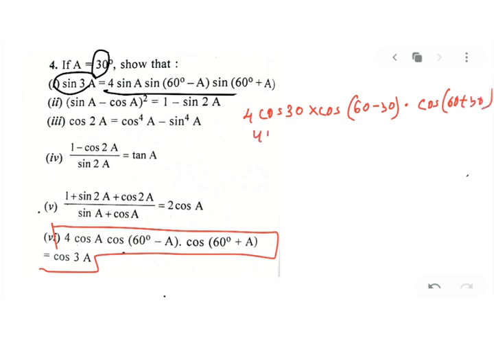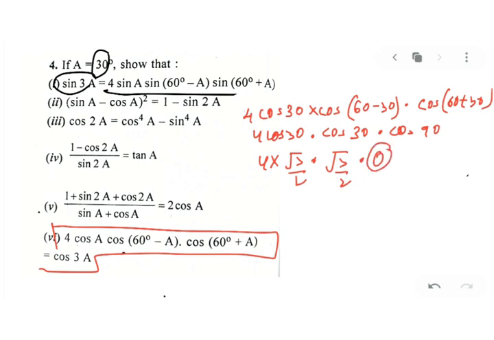So that will be 4 cos 30 into cos 30 into cos 90, and cos 30 is √3 upon 2, again √3 upon 2, and cos 90 is 0. If you multiply any number with 0, your final answer will be 0. So left hand side I got the answer as 0.